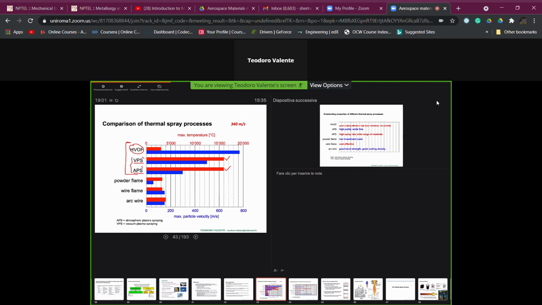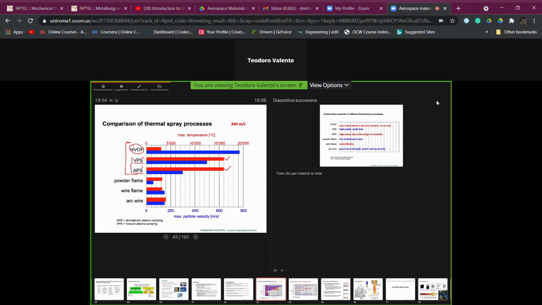So these plasma-based technologies are suitable to fabricate coatings with any known material, if we look to the possibility to melt the powders, unless the starting material does not have a stable liquid phase, such as, for example, silicon carbide or silicon nitride.